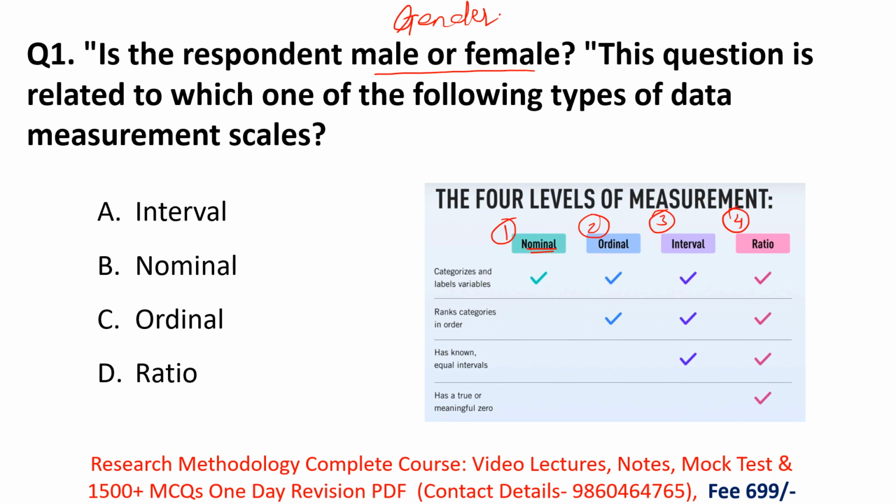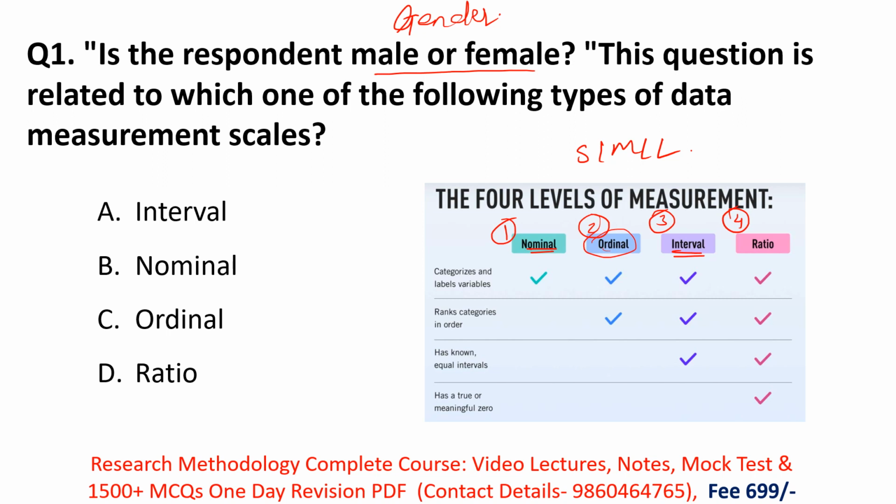Ordinal is similar, and the name itself defines the meaning: we arrange our variables in proper sequence or order, like t-shirt sizes: small, medium, and large.